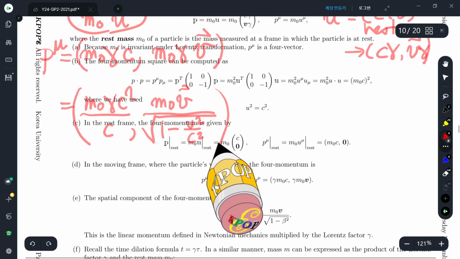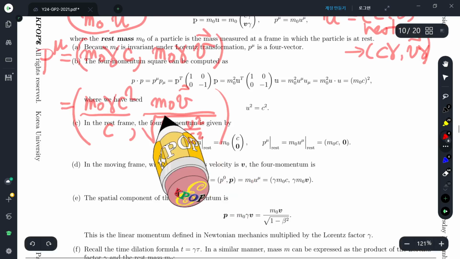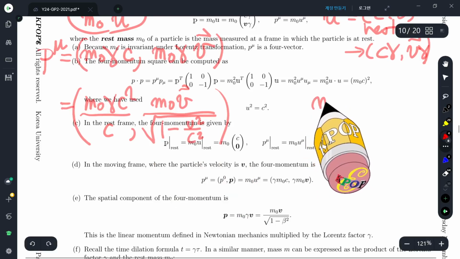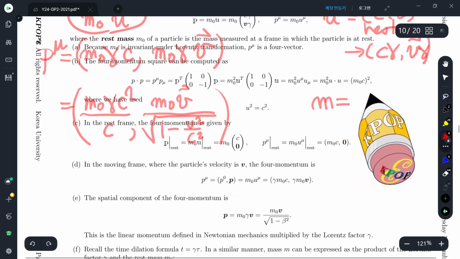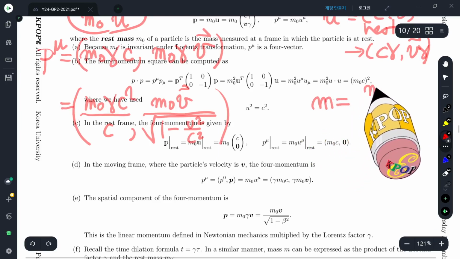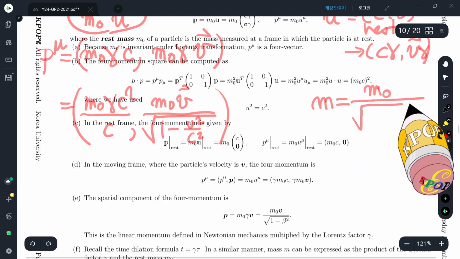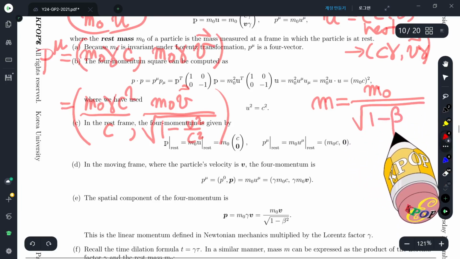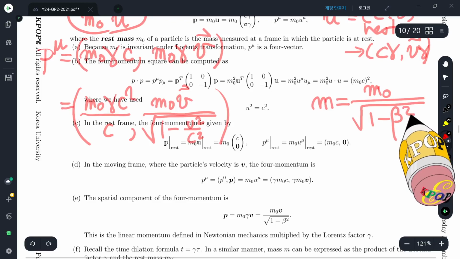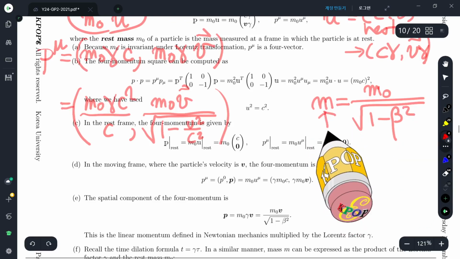At the moment, we think we can define a mass that depends on the velocity of a particle, actually the speed of a particle. This is not invariant.